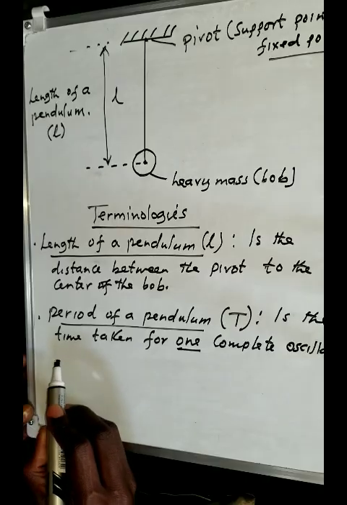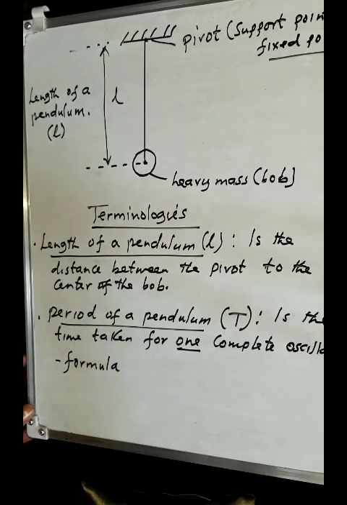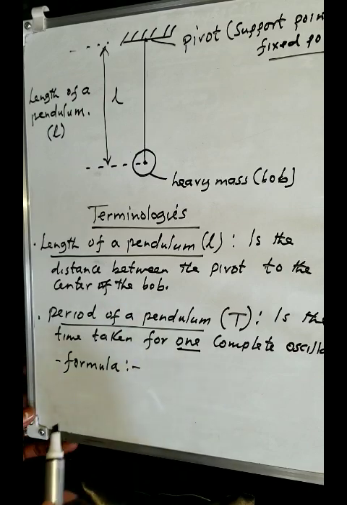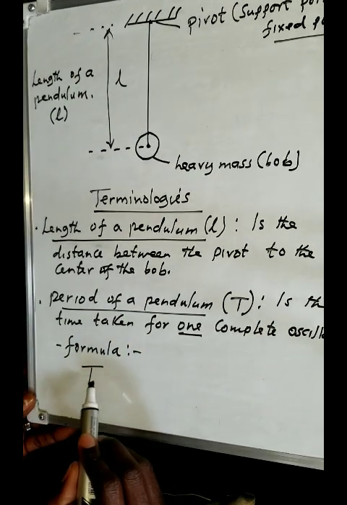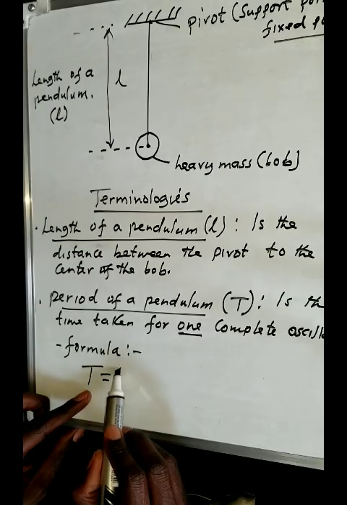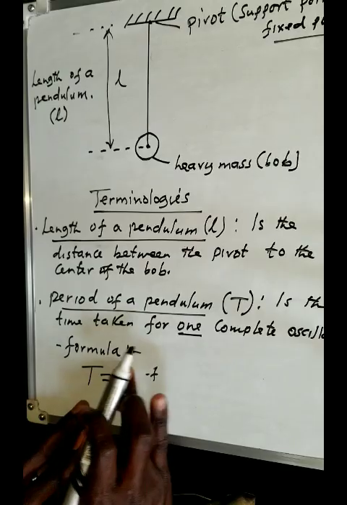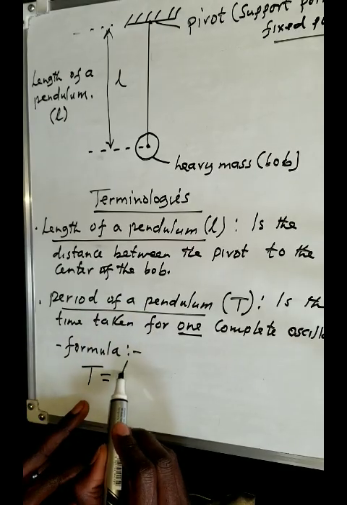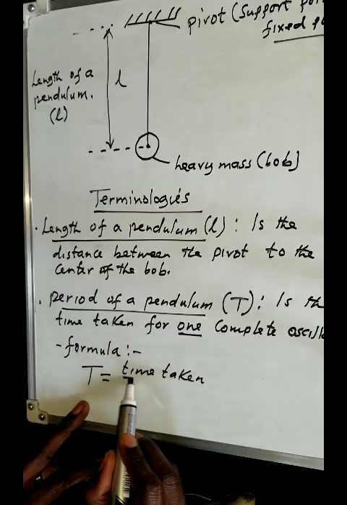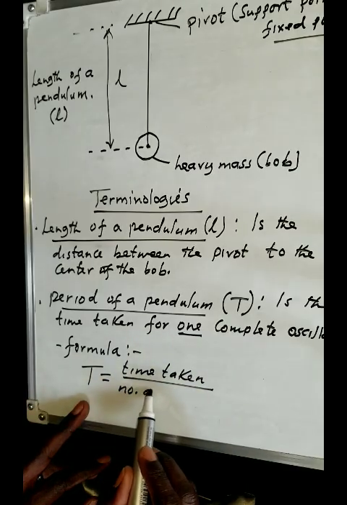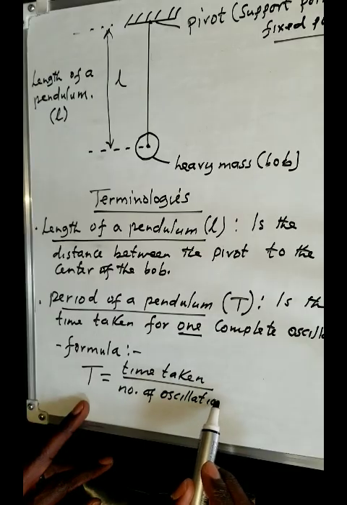In fact, the period of a pendulum is given by a formula. So we can write up a formula there. Period, represented by capital letter T, is equal to the time taken divided by the number of oscillations, or the number of swings that are made.